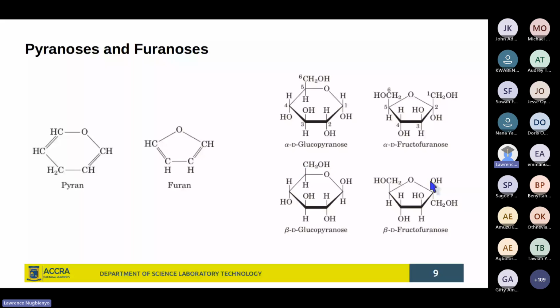That is why we refer to them as either a pyranose or a furanose. So if you take fructose, the cyclic structure can be a pyranose, and then we refer to it as a fructopyranose. And if it is a furanose, we refer to it as a fructofuranose.